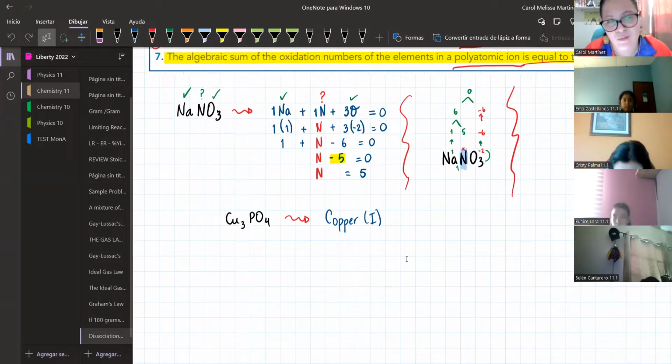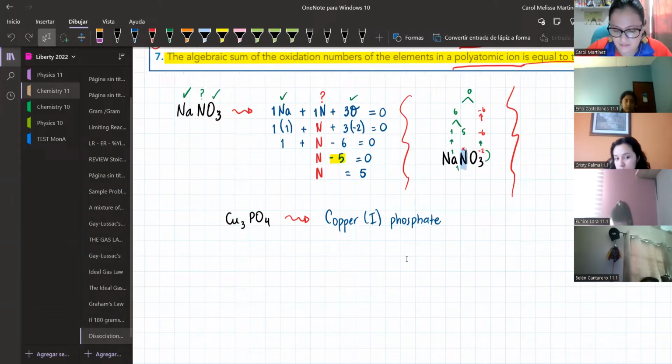Phosphate is a polyatomic ion that has a charge of -3. So that's the name. What I just did in the beginning, just to find the oxidation state of copper, that's something that I do mentally. That's something that you should do also mentally because it's better.